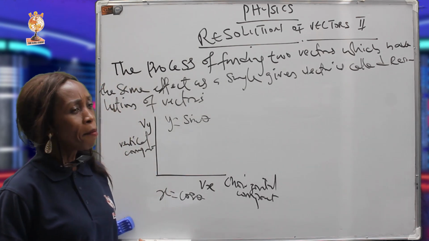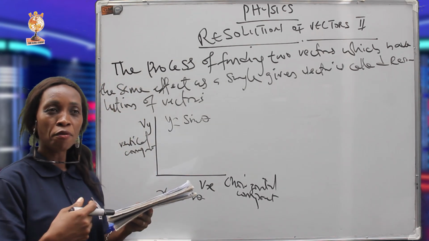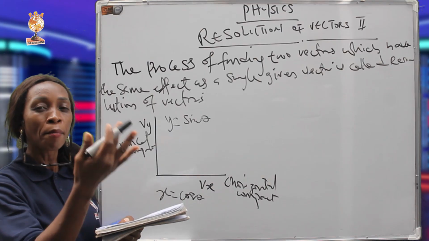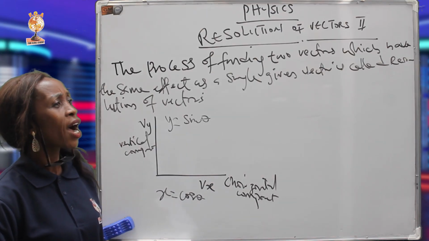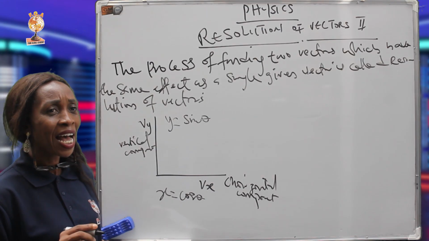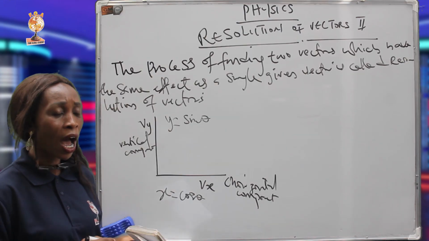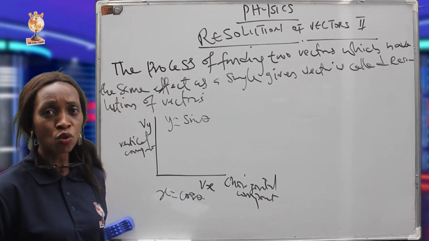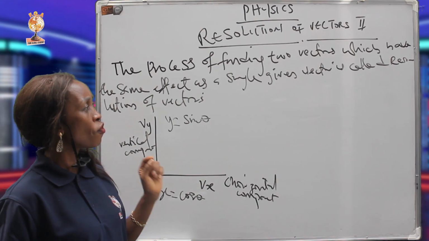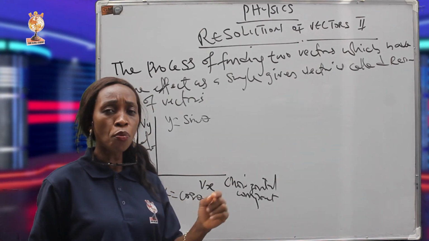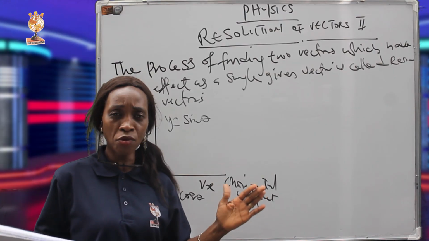Now, let's remind ourselves that when you have two vectors moving in the same direction, you add their resultant. Please do not forget. When you have two vectors moving in opposite directions, you subtract their resultant.